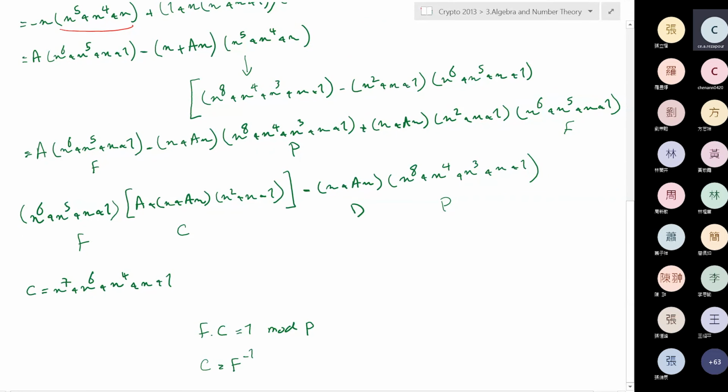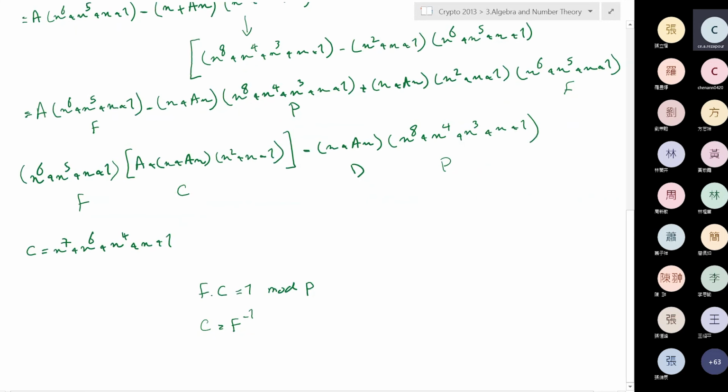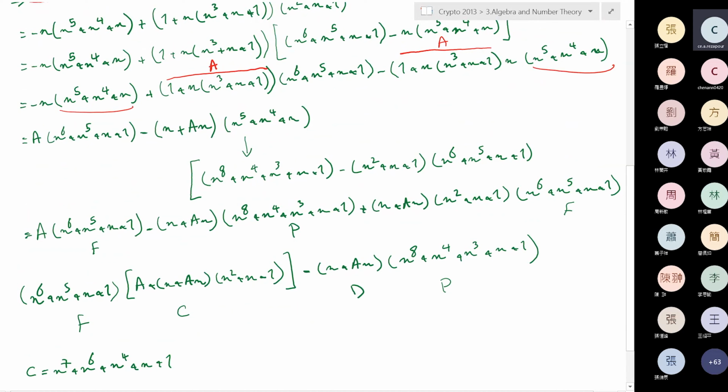So yeah, it is unfortunately a little bit tedious computation, but when you want to solve it, for example, in your homework, there is one question related to this problem. You just need to be patient and make sure that you don't miss anything.